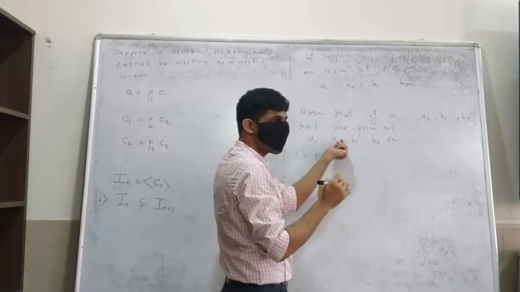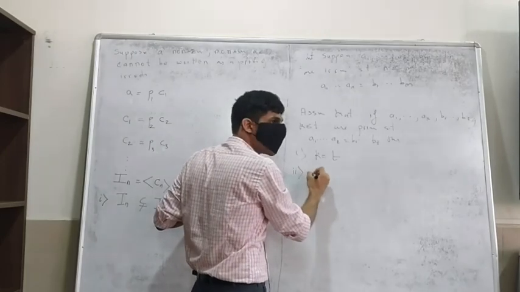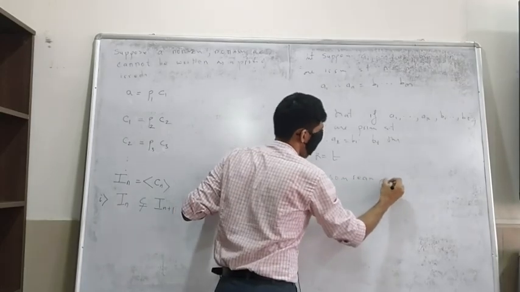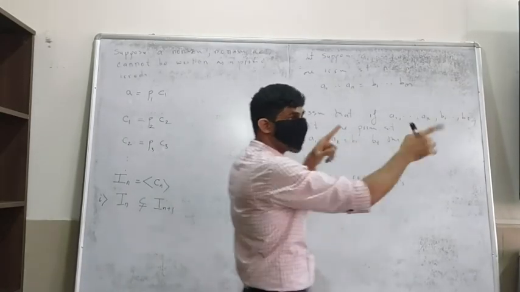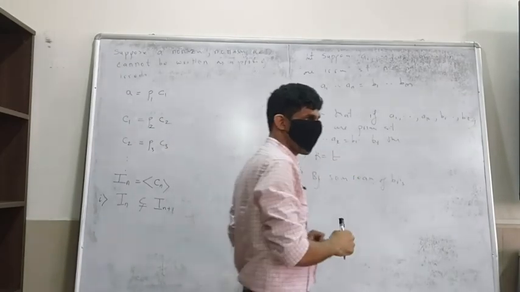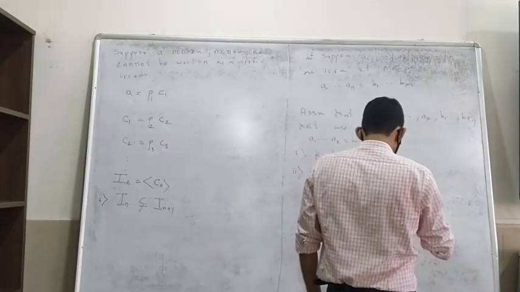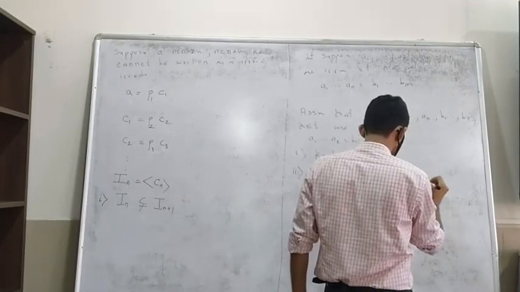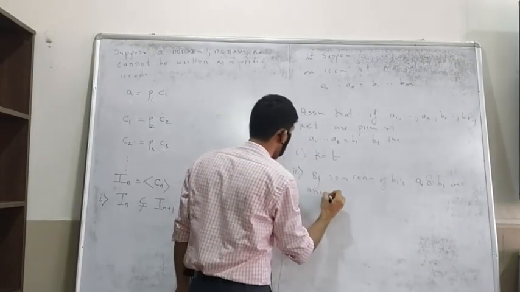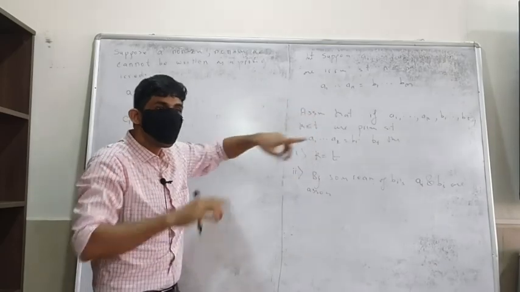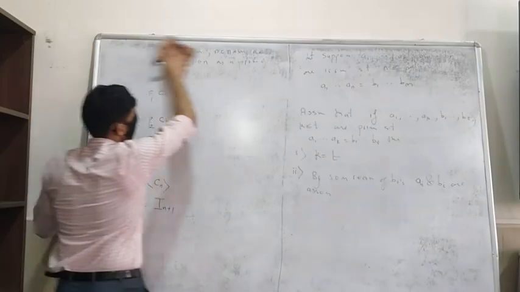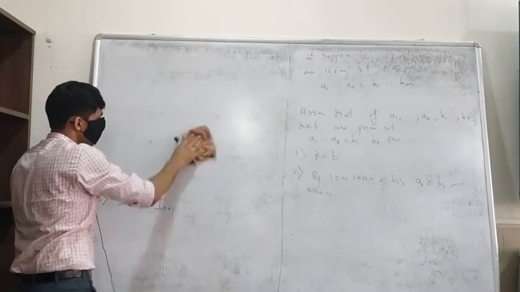Okay, for the kth stage I am assuming this, and also that by some rearrangement of the bi's, the corresponding ones are associates. That means there is a bijection between the two. That's actually what this is saying: ai and bi are associates. Okay, this is what we are assuming. Now we need to prove it for the k plus 1th stage. What is the k plus 1th stage? Suppose I have k plus 1 primes.